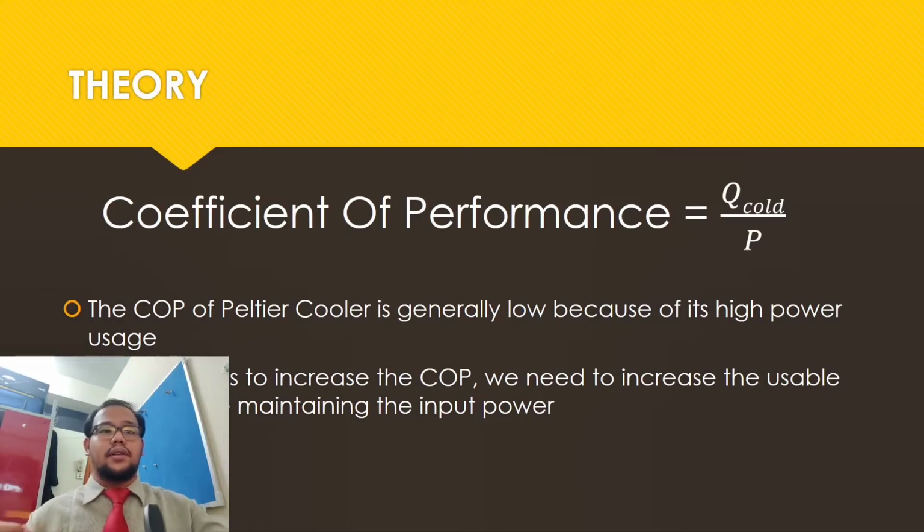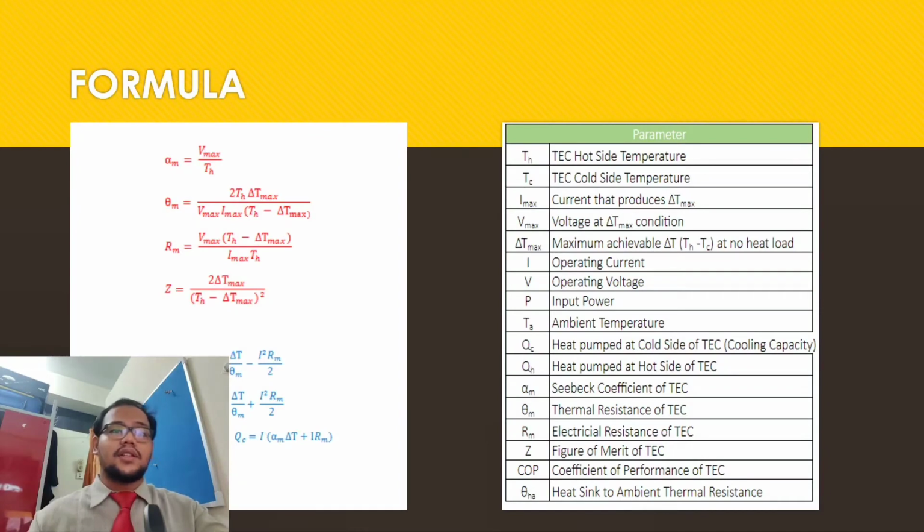The COP of a Peltier cooler is generally low because of its high power usage. So in order for us to increase the COP, we need to increase the usable energy, which is the QC, while maintaining the input power. This is the formula that we are going to use to calculate the COP of our system. The most important things in this formula are the QC and also the P, which is in the left side bottom of the slide.